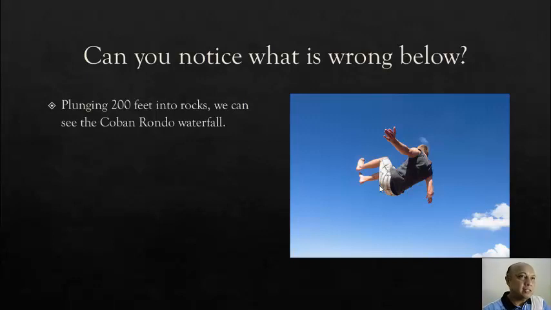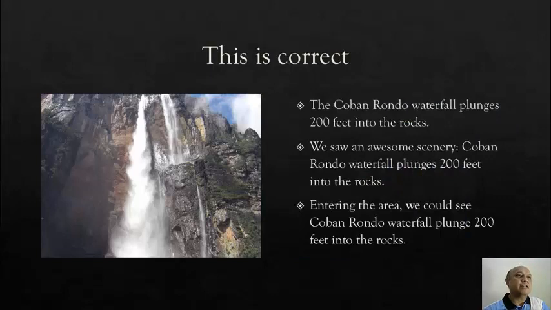So how do you correct it? This is correct. The Chopan Rondo waterfall plunges 200 feet into the rocks. Or we saw an awesome scenery. Chopan Rondo waterfall plunges 200 feet into the rocks. Or still entering the area, we could see Chopan Rondo waterfall plunge 200 feet into the rocks.